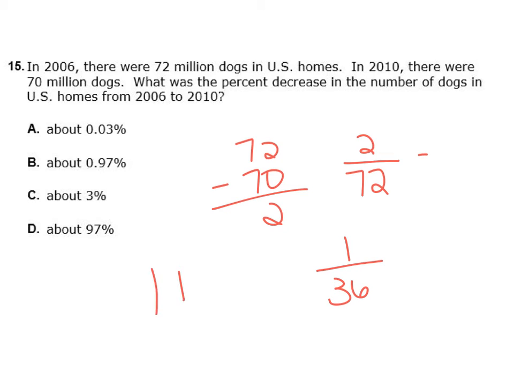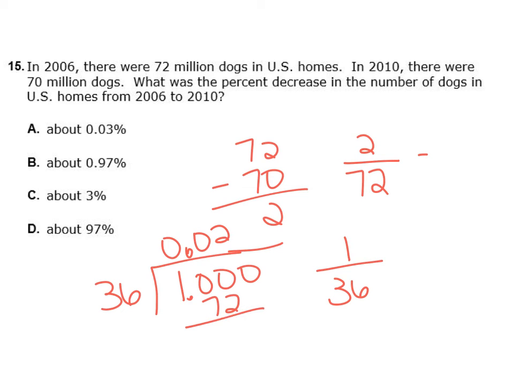So then we need to divide that. So in order to do this, you have to divide to find a percent. So 36 into 1 is 0, 36 into 10 is 0, 36 into 100 is 2, which is 2 times 6, that's 272, remainder is 28, bring down the 0.